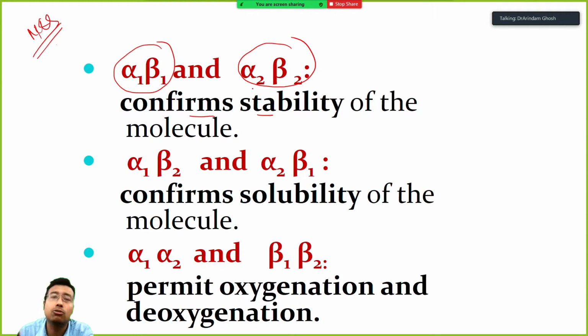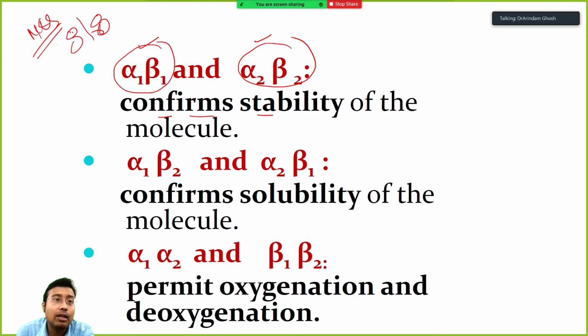Again, this is just to remember at your level. If you want to really know how it happens, you need to look at the X-ray diffraction patterns and the wavelengths that they emit, and the laws of diffraction, then you will understand. Simply not needed unless you are doing a PhD on hemoglobin. So the alpha 1 beta 1, alpha 2 beta 2 dimers confer the stability of the molecule.